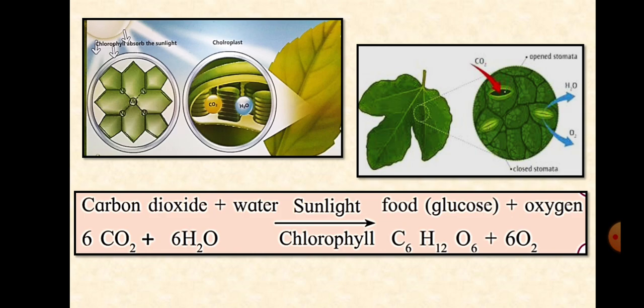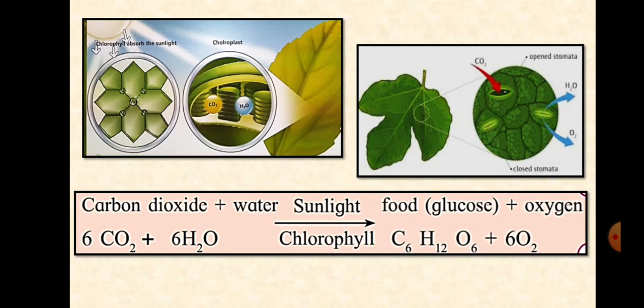So now you all understood, the sunlight is taken, the carbon dioxide is taken through stomata, the small openings. The water and minerals from the soil come from the roots to the stem to the leaves, and in the chloroplast, which is present in the chlorophyll which is present in the leaves, together in the leaves the food is prepared. Yes?